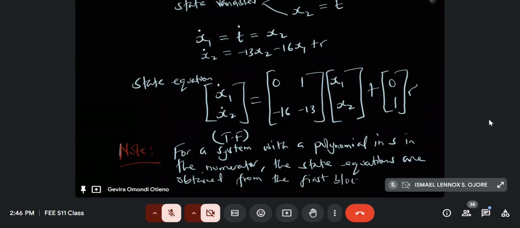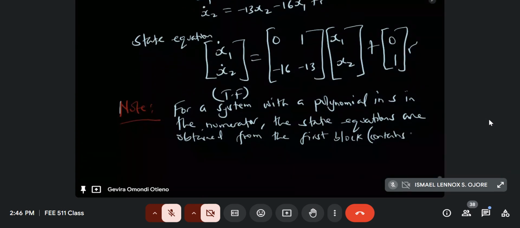And the first block is the one that contains the denominator term. I hope that is very clear. When you have a transfer function that has got a polynomial in S in the numerator, you draw your state equations from the first block where you had your denominator term.